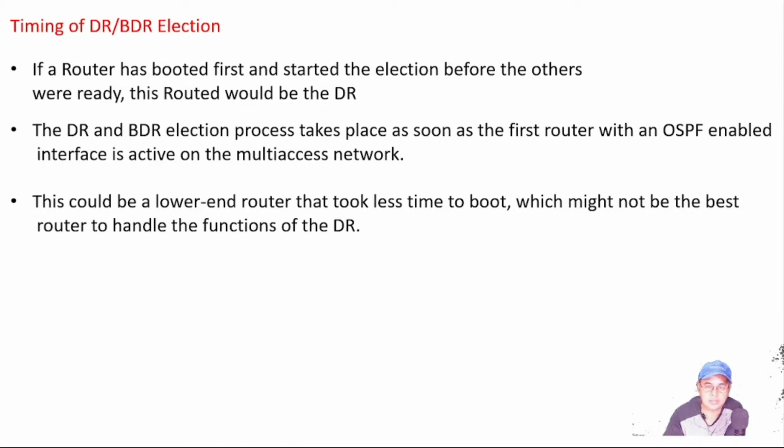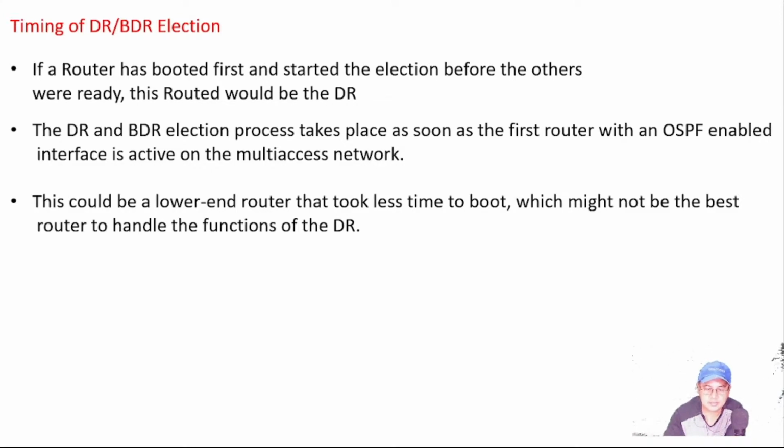Number one, if you booted the router first, even if it has the lowest router ID, that would become the DR. And the election process takes place as soon as the first router with an OSPF-enabled interface is active on the multi-access network, that is when the election of DR and BDR will take place.